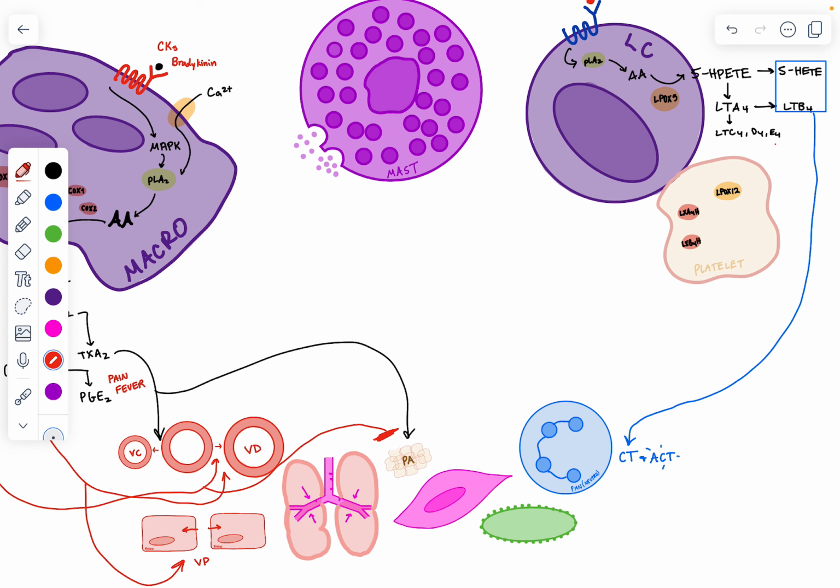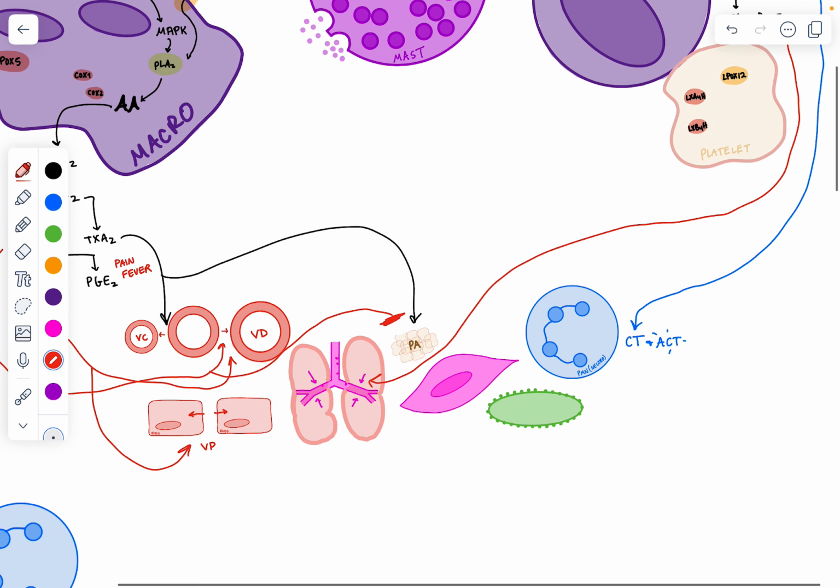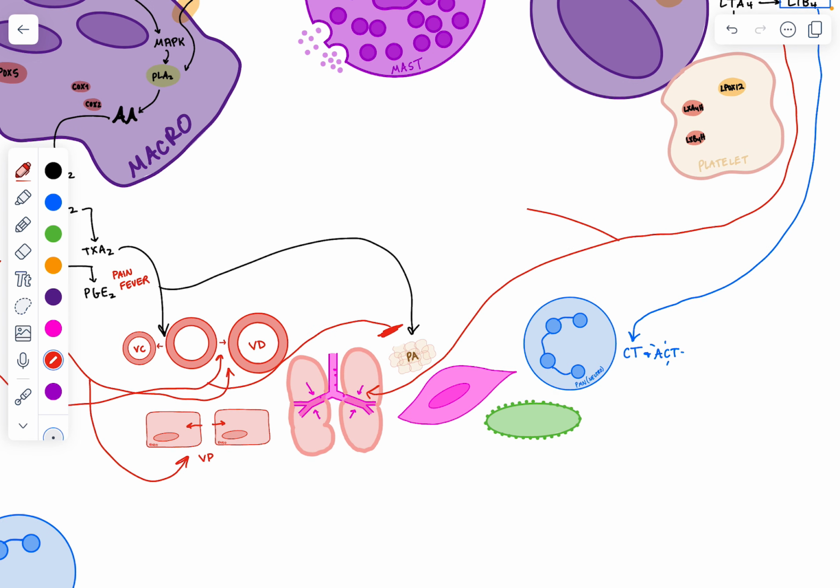We're going to draw a little arrow showing that these three leukotrienes cause bronchoconstriction, or the closing of the bronchi within the respiratory system, as well as vasoconstriction. And they're also going to increase vascular permeability.